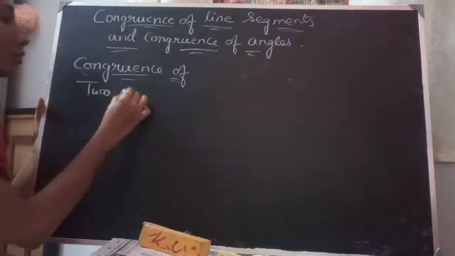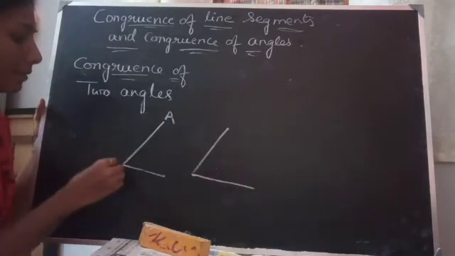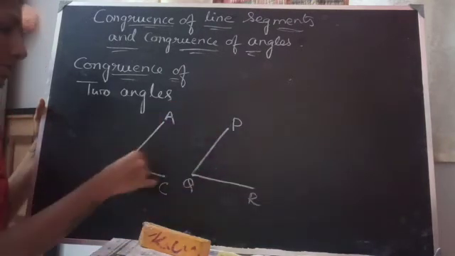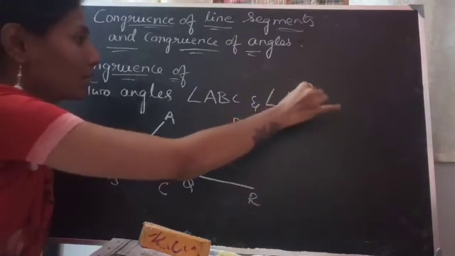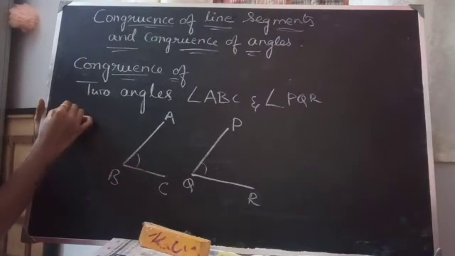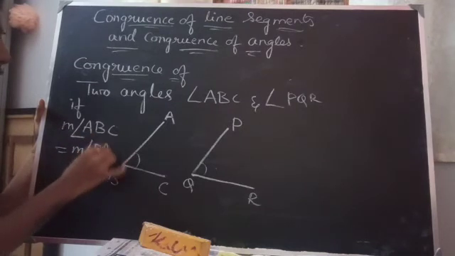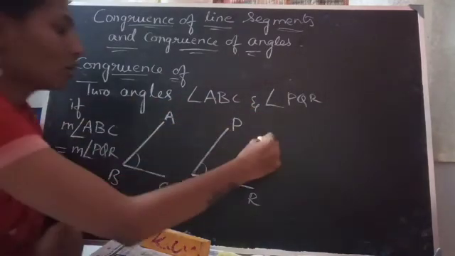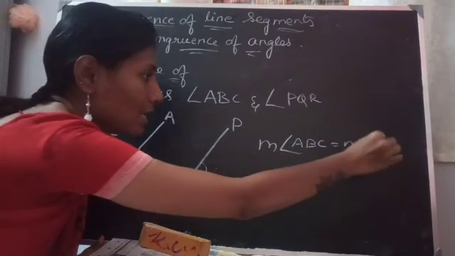Two angles, angle ABC and angle PQR, are said to be congruent if the measure of angle ABC is equal to the measure of angle PQR.